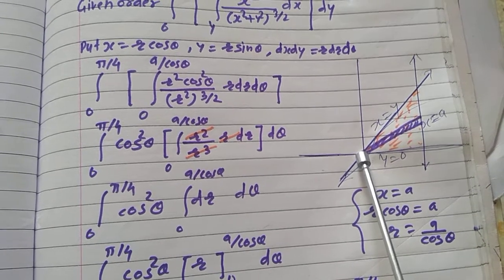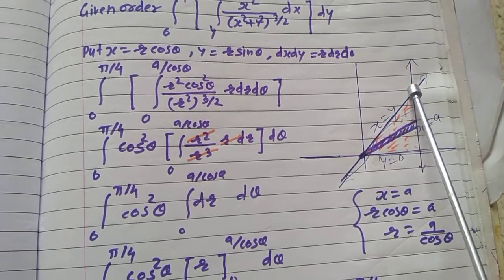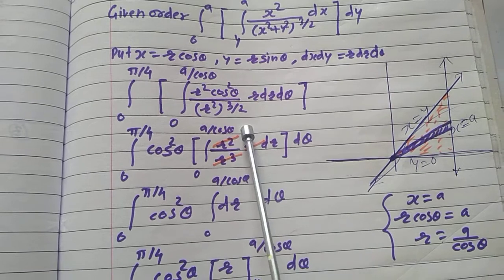Always remember the lower limit of r is 0, so 0 to a by cos theta.